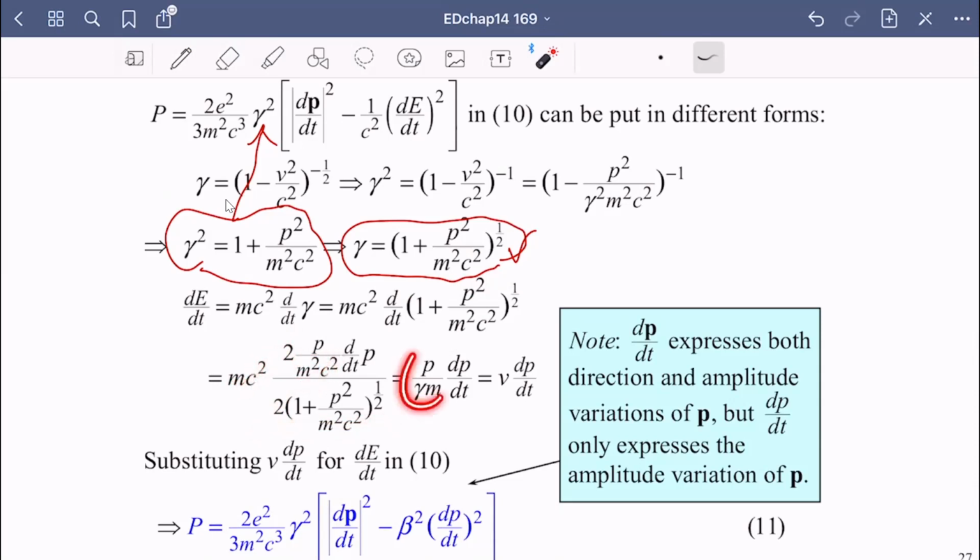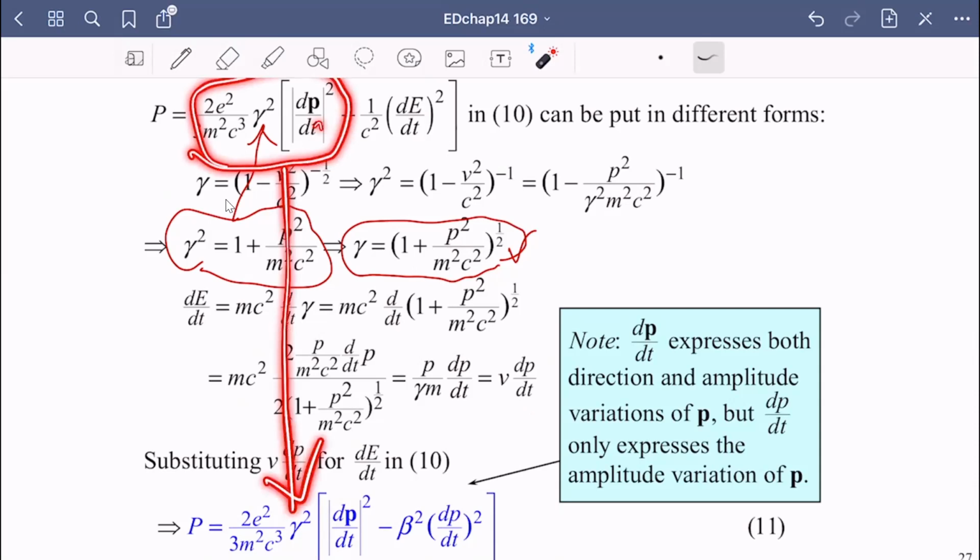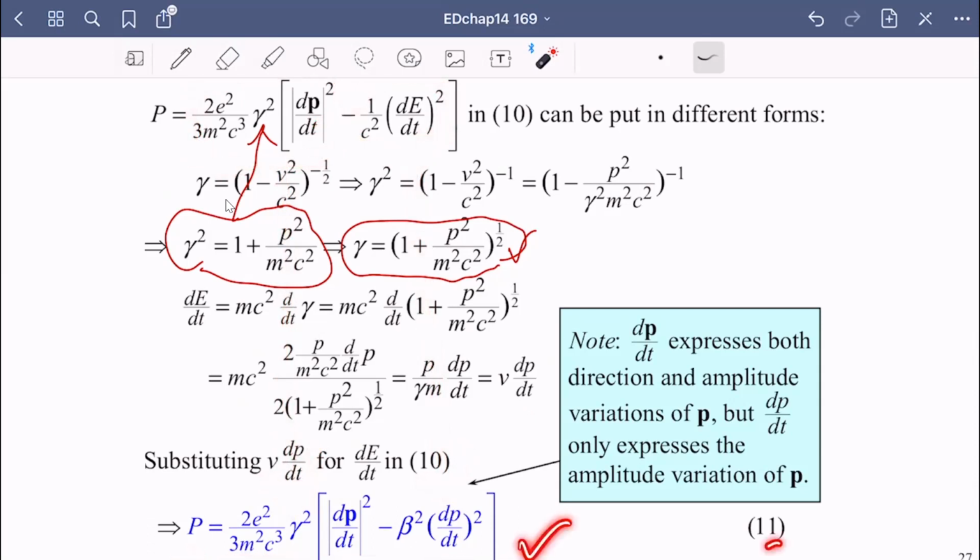So eventually we have gamma p over gamma m v dp dt. Okay, that's this part. And v over c is beta. Okay, so this part is exactly the same, but this part from energy to this one. That's another expression. Expression 11.